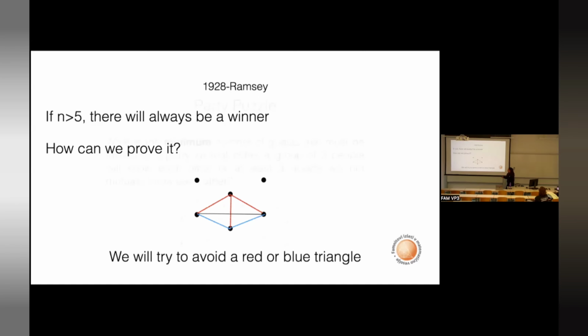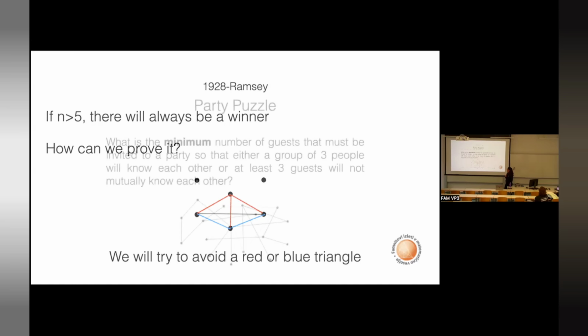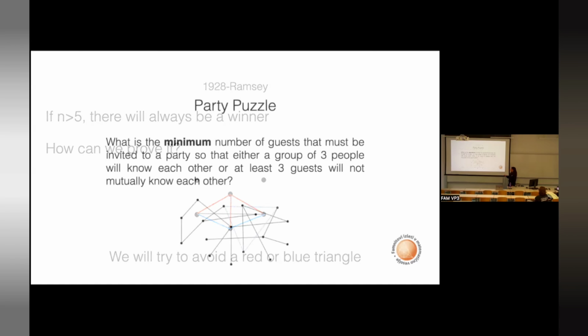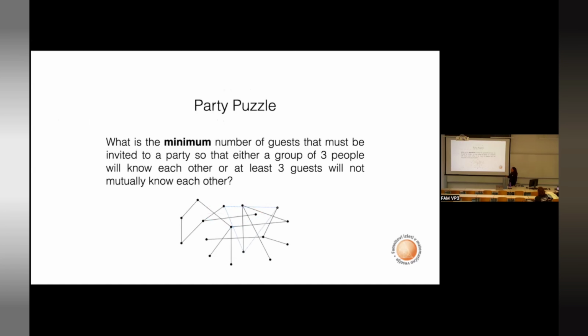So now, if we go back to the first example, to the party puzzle, how is this related? Well, we have this graph, and we started with lines. Let's call them black lines. And the lines that are not there, let's put them in one color, an invisible color, blue.